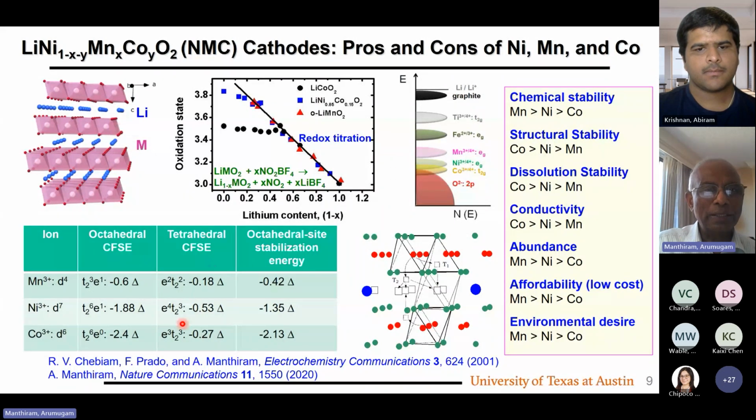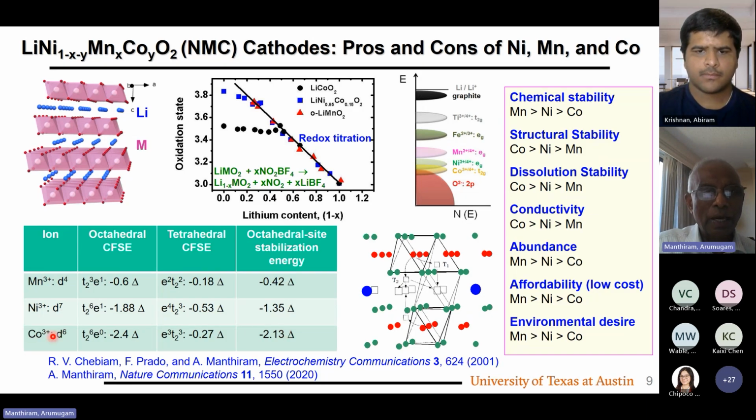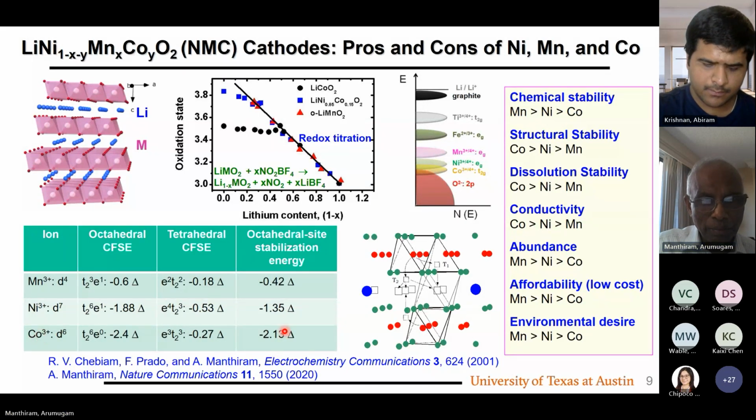So one can calculate the difference in crystal field stabilization energy in the octahedral site and crystal field stabilization energy in the tetrahedral site. If you take the difference, that tells you to what extent each one of these ions are stable in the octahedral site. For example, cobalt loves octahedral site, weak stabilization, negative quantity.